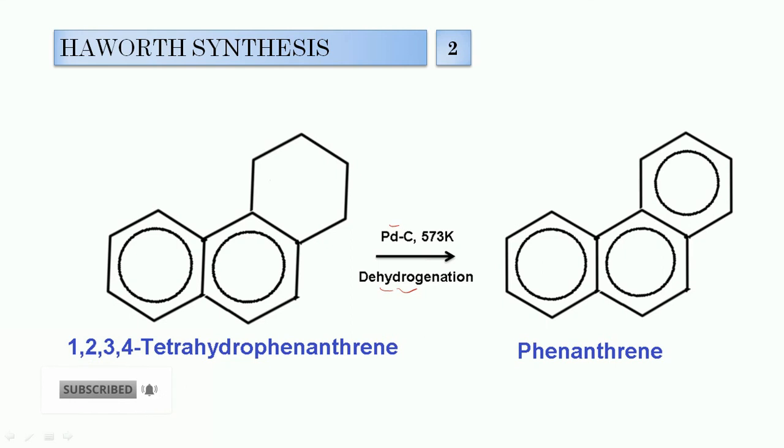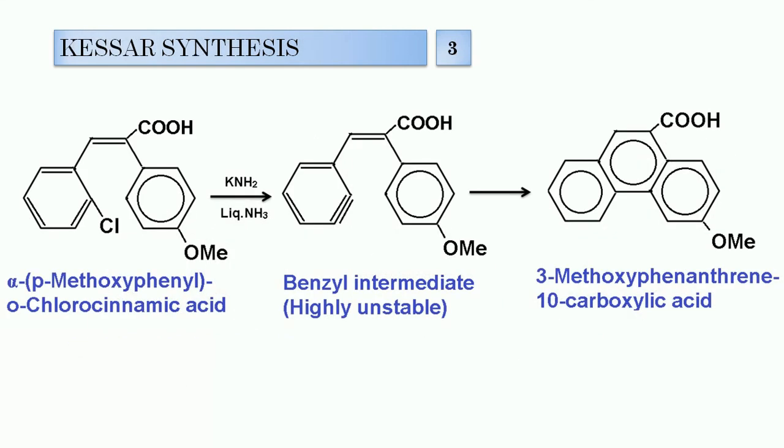Then last is the Kessar synthesis. This reaction is a modification of the Pschorr synthesis, and in this method a cinnamic acid derivative is converted into a phenanthrene derivative through a benzyne mechanism. So this one is alpha-para-methoxyphenyl-ortho-chlorocinnamic acid, and it is treated with potassium amide in liquid ammonia.